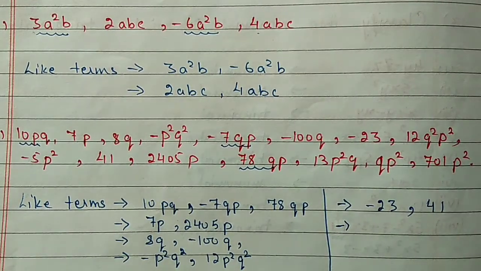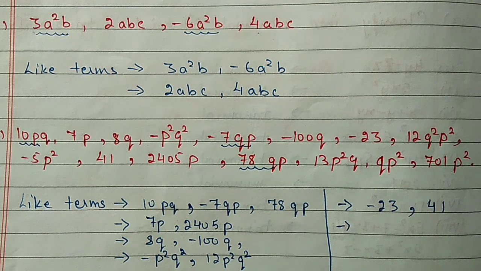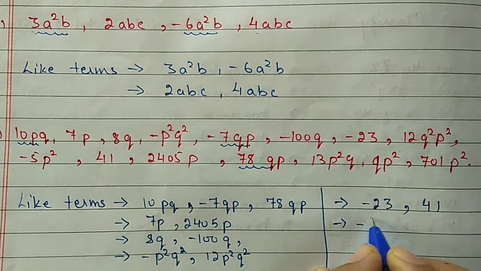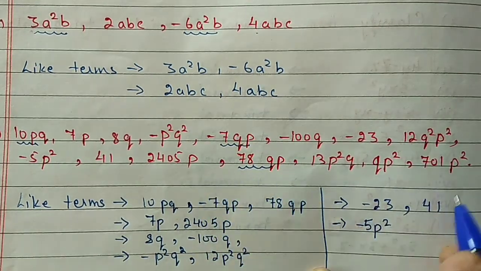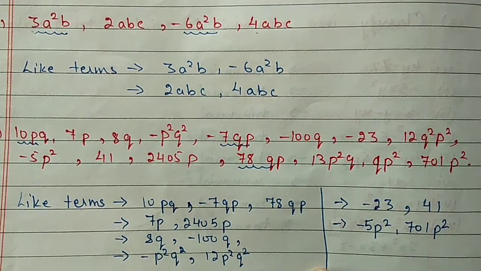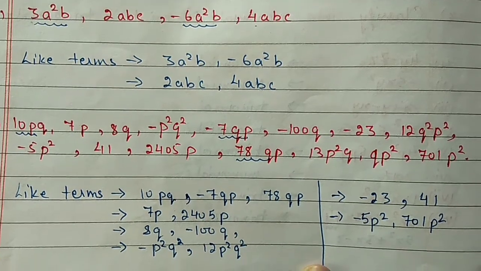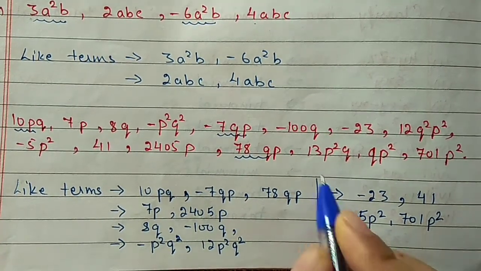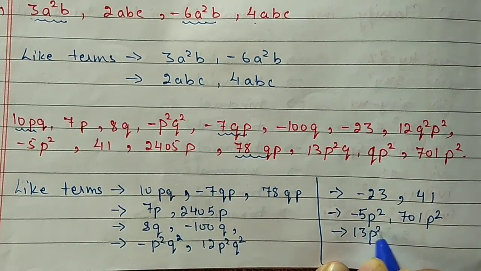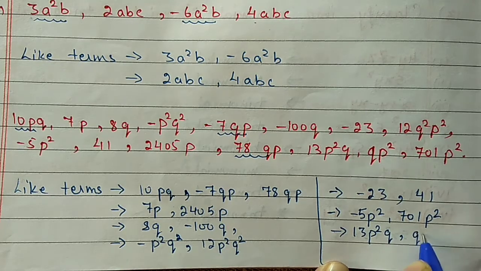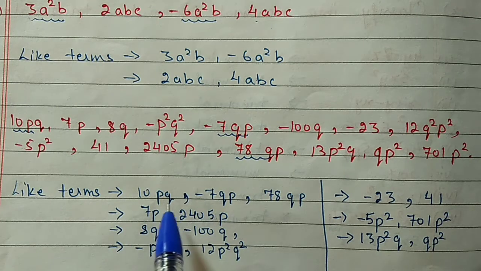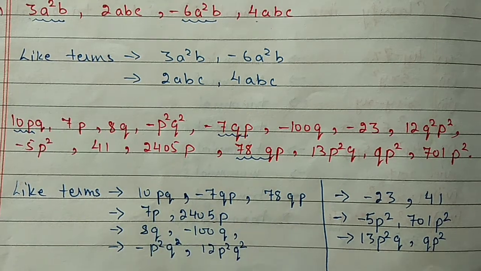Then we check p square: minus 5p square and 701p square. Then we can see 13p square q and qp square, these are like terms. Like this you have to check, and like terms you have to write together which have the same variable part.